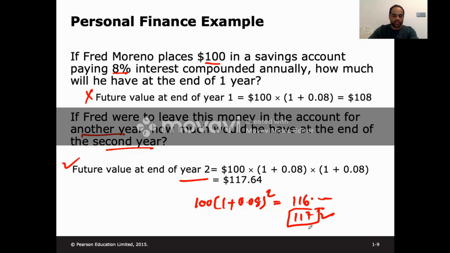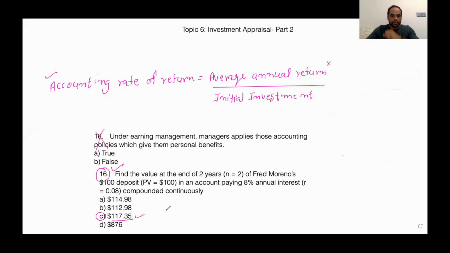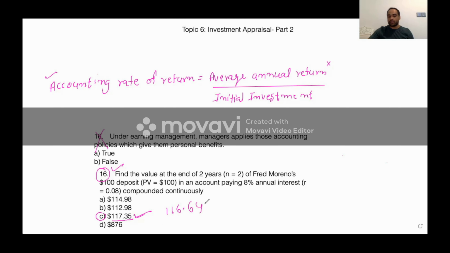If you look at your options here, you will see 117. It's like 116.6 something, so it's going to be approximately 117.